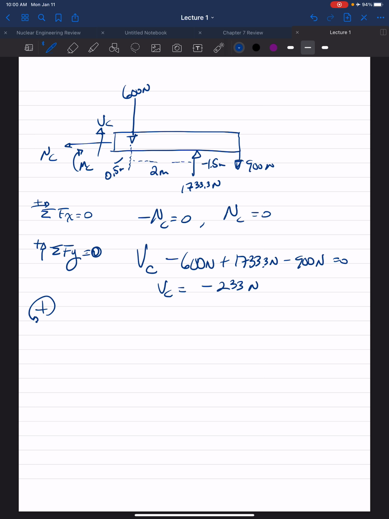To solve for our bending moment, we'll take the sum of all our moments about point C. This gives you the 1733.3 Newton, which is separated by a distance of 2.5 meters.